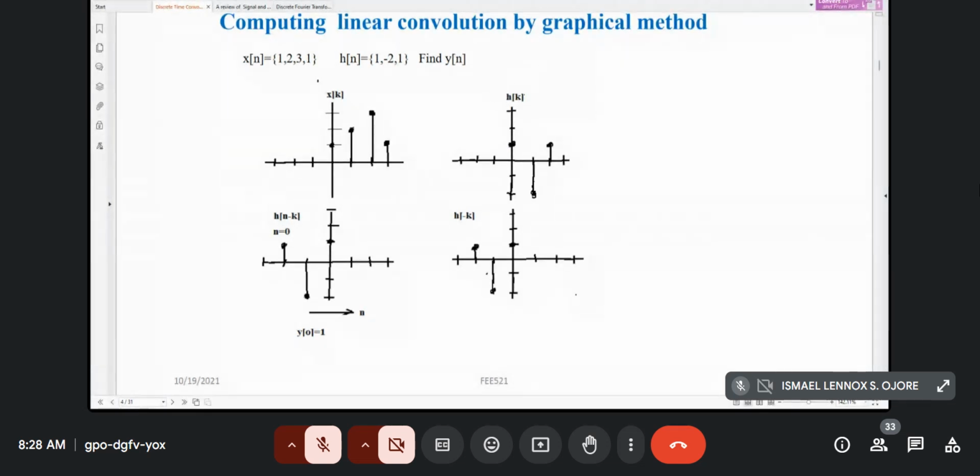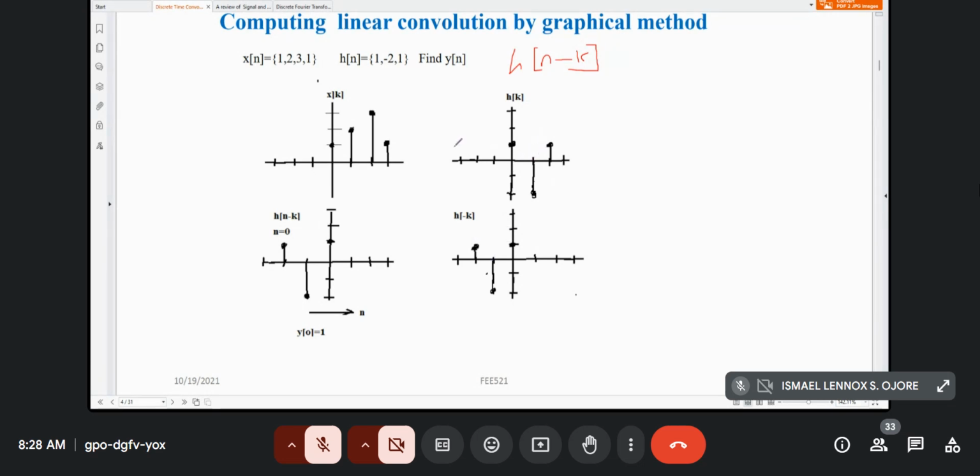So that is h of k. Then, of course, what we want is n minus k. We want h of n minus k. So we are going to plot h of minus k. So that is h of k. This is h of minus k.